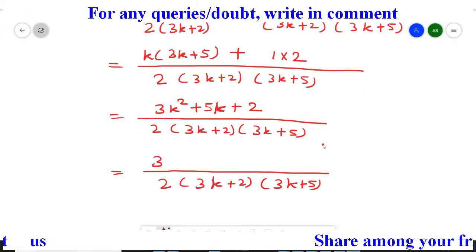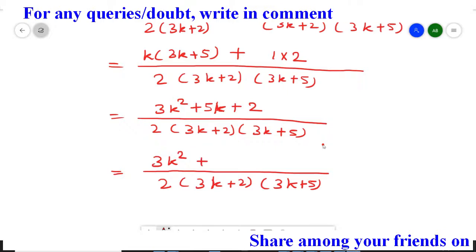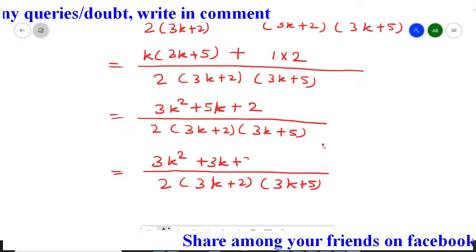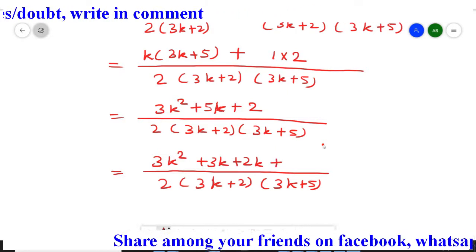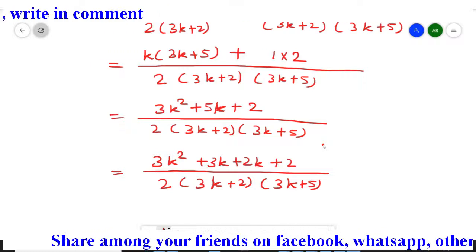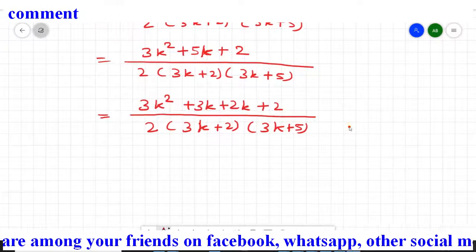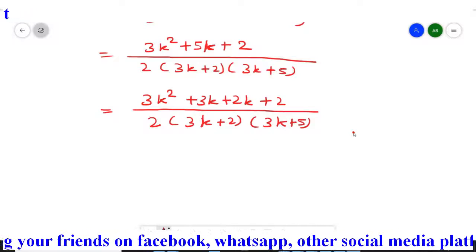So here when we factorize, split the middle term like this, 3k plus 2k plus 2. And factorization you already know, in 10th class you had already studied it, so I hope you knew it.